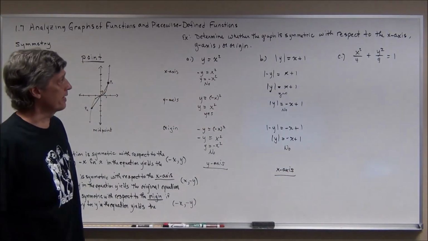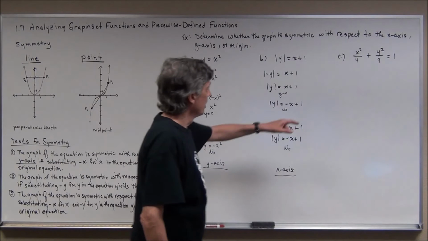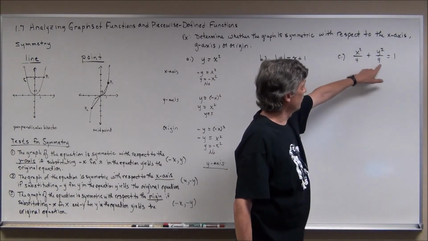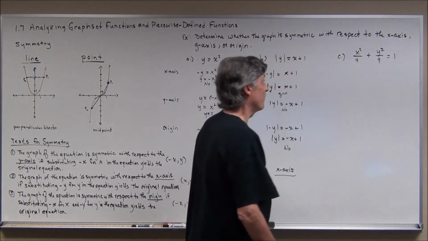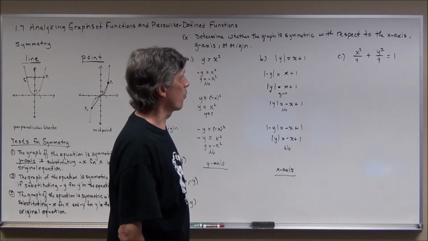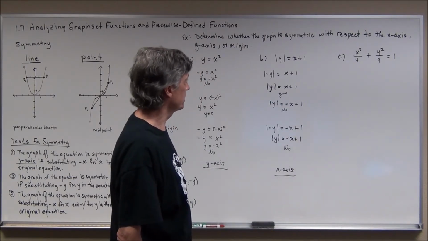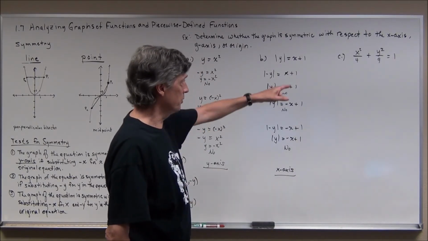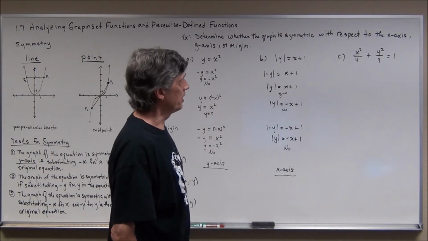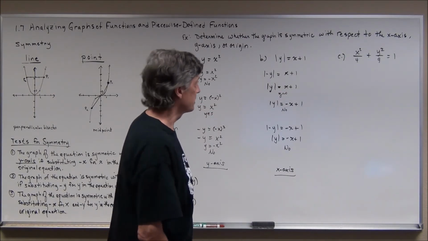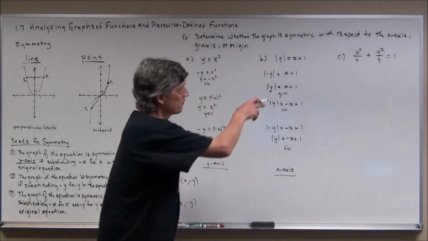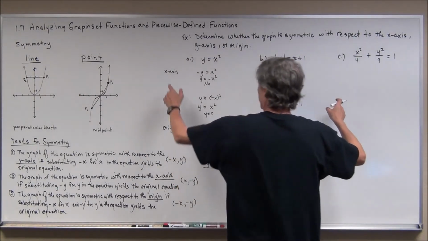Okay. My last example here, x squared over 4 plus y squared over 9 equals 1, is not a function. You can see if you try to solve for y here, you're going to get a plus or minus. And you may remember from your Algebra 2 days, that is actually the equation of what we call an ellipse that has center 0, 0. So in this case, I'm going to start for the x-axis.